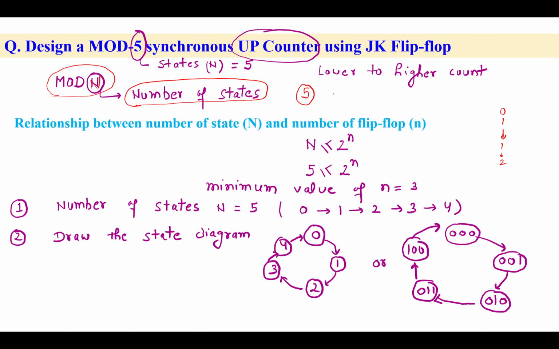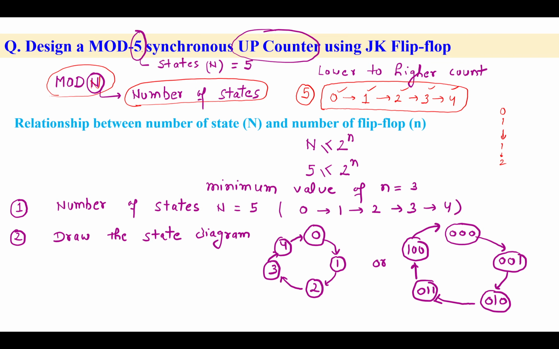How many states are possible? 0 to 1, 1 to 2, 2 to 3, and one more state is required, 3 to 4. Only 5 states: 1, 2, 3, 4, 5. Because this is an up counter, we go for designing an up counter. We have to count the states 0, 1, 2, 3, 4.